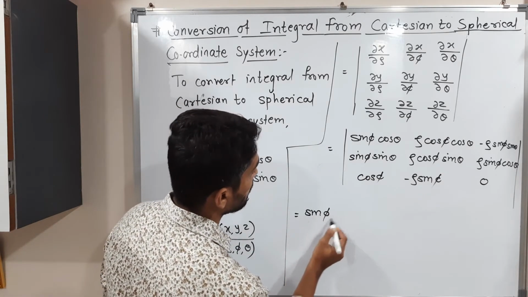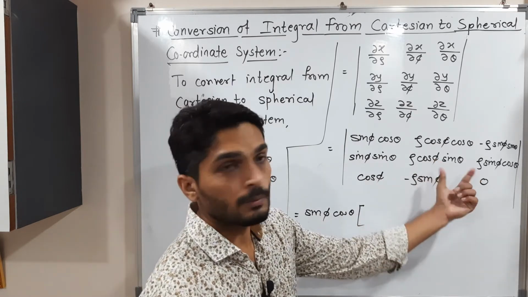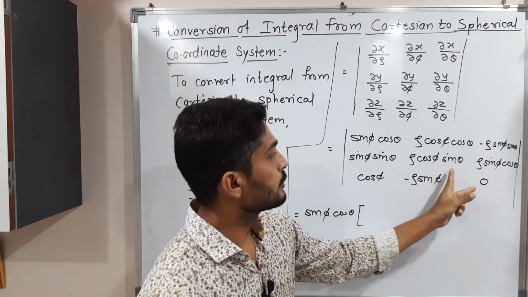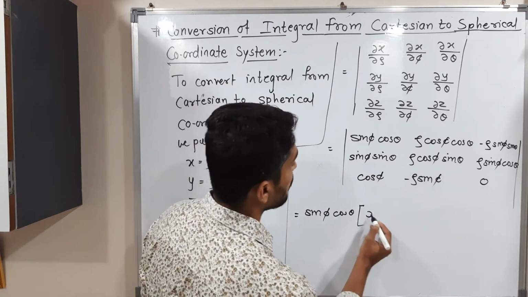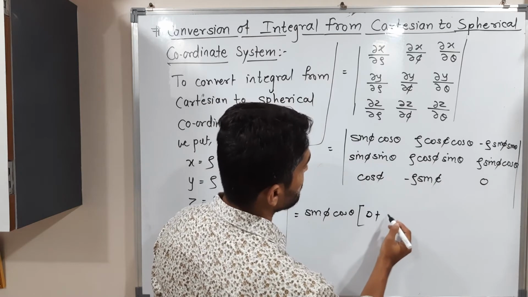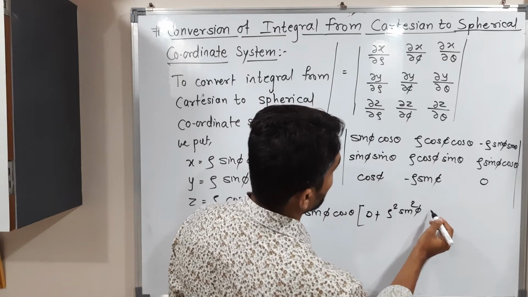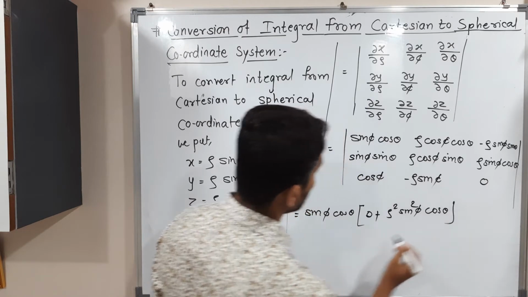Sin phi cos theta. See what we have to do: product of these two minus product of these two. So 0 into anything we will have 0, minus product of these two, there is already a minus sign, so minus minus plus rho square sin square phi cos theta.